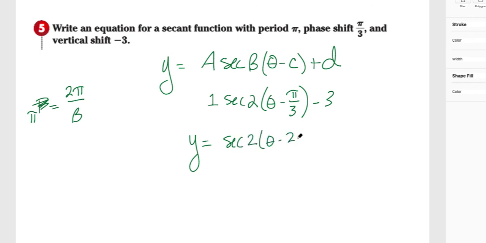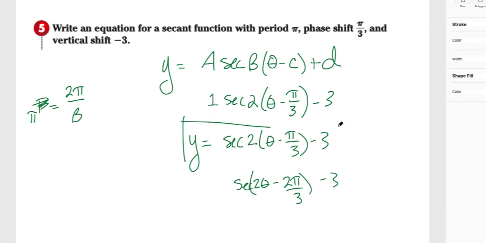Oh no, that's me distributing it through. I'm not going to do that, but the text will. Your textbook would have this written in this way: 2 theta minus 2 pi over 3, like that, -3. I don't see a good reason for that, so I like this as an answer.